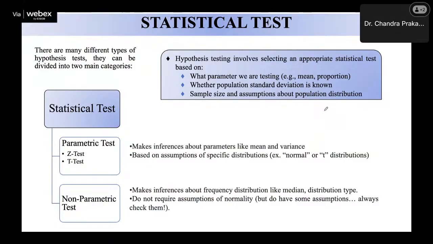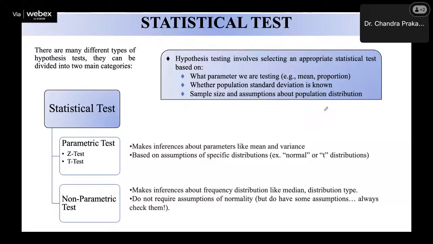Now, there are different types of hypothesis tests, and we divide them into two parts: the parametric test and the non-parametric test, as I was telling you. It is based on the parameter we are testing, whether the population standard deviation is known or not, the sample size, and whether the assumption about the population distribution is known or not. If the answer is yes for these, then we go with the parametric test.